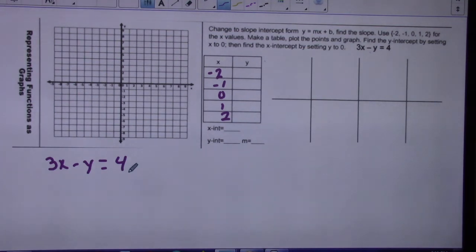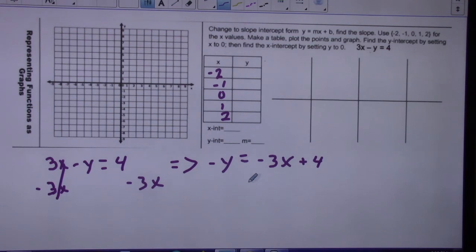So what are we trying to solve for here? Y. So how would you solve for y? Subtract 3x. Okay, let's do that first. I asked because there are different types of steps you could take, but I would do this. So now we're going to have negative y is equal to -3x plus 4, right?